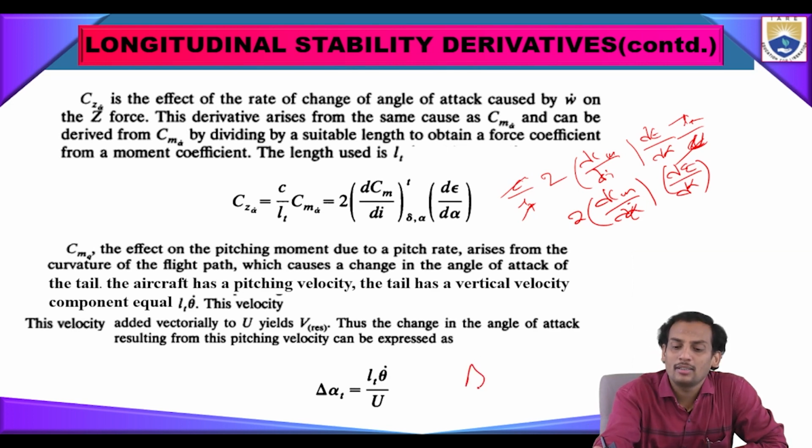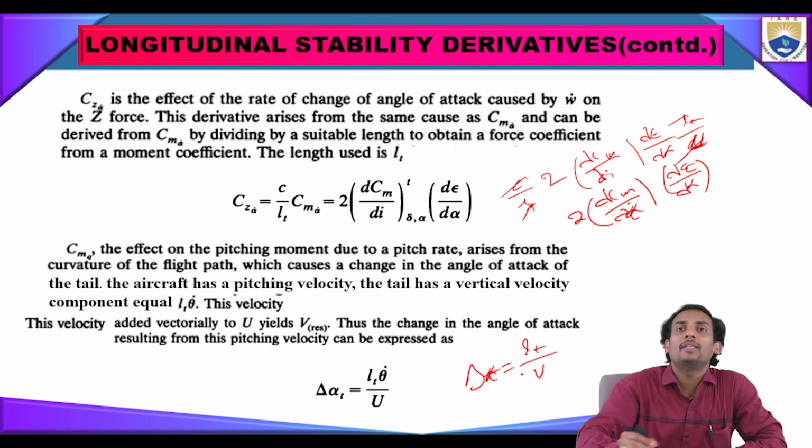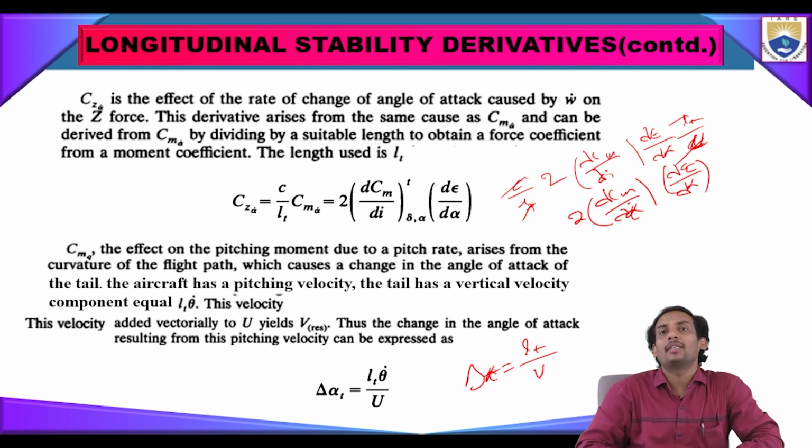That will be like d alpha t. We already derived this, with dt we have given like lt by u. So the dt is in terms of d alpha t. So that lt we can write like lt into theta dot. So that lt theta dot by u will be the d alpha t.